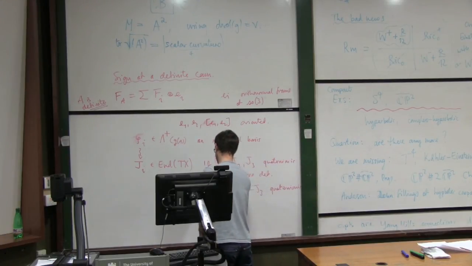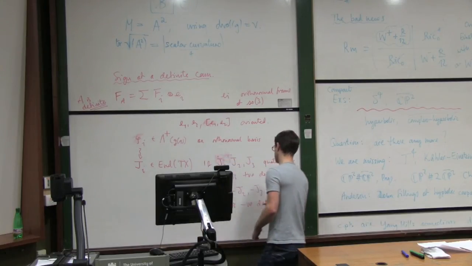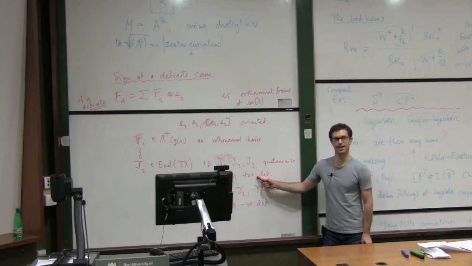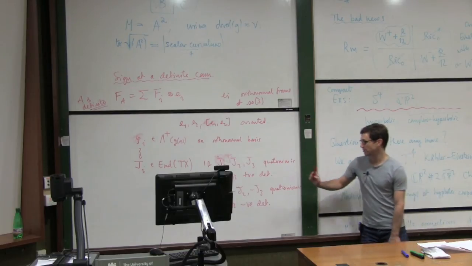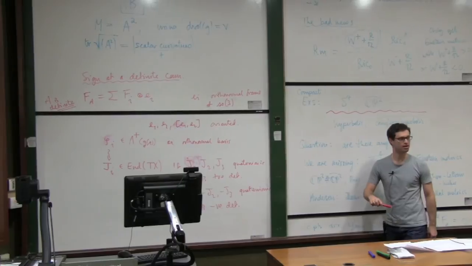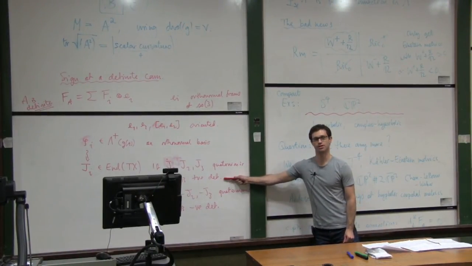Then we say that A is negative definite. It turns out that if you start with a positive definite connection, you can only ever end up with a positively curved Einstein metric. And if you start with a negative definite connection, you can only ever end up with a negatively curved Einstein metric. So you know in advance, even before you've found a solution to Einstein's equations, what sign the curvature can be.